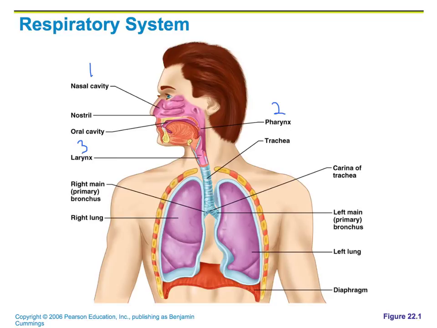After that, it moves through your windpipe, which is called the trachea. And from the trachea, we move to the left and right bronchi, and then into smaller bronchioles. I'm going to call that 6. And from there into the alveoli of the lungs.